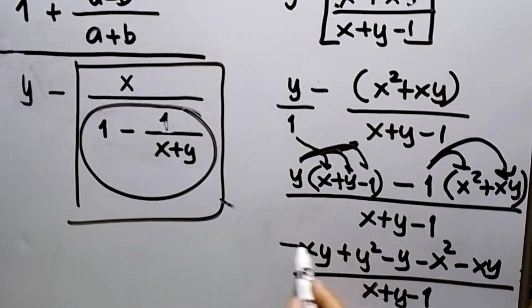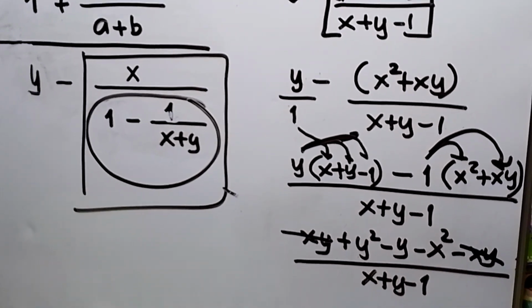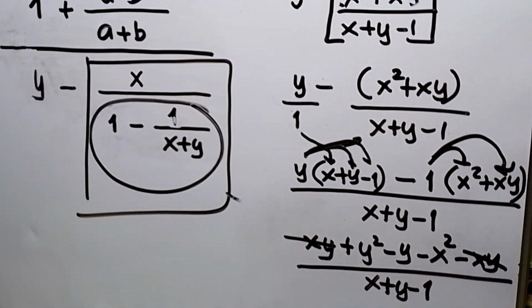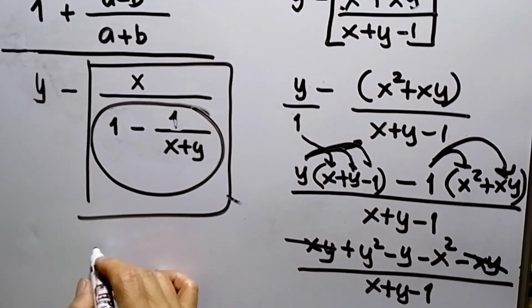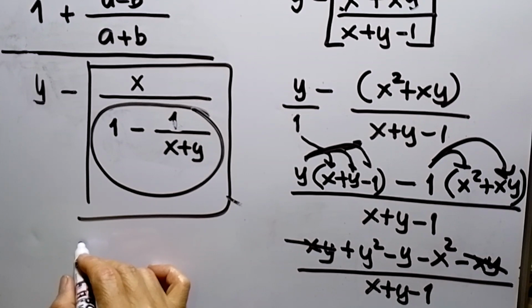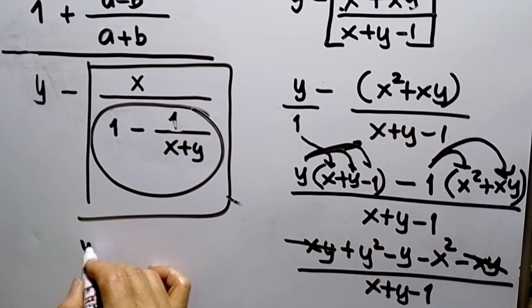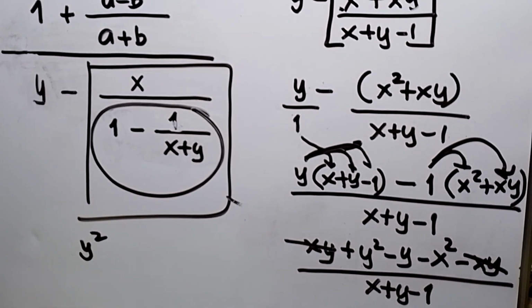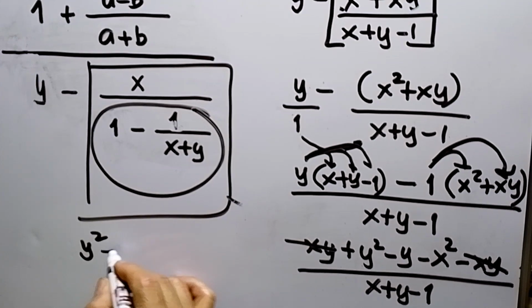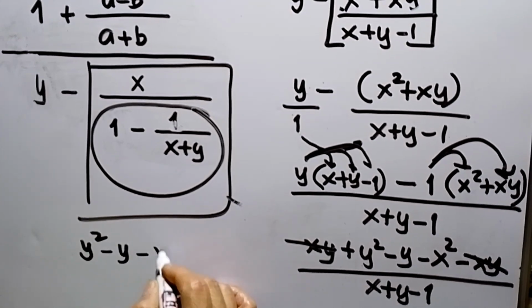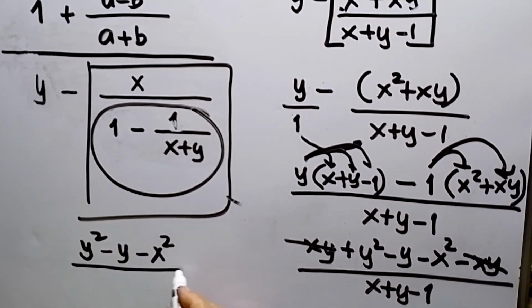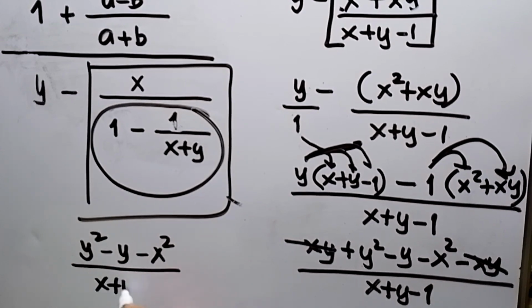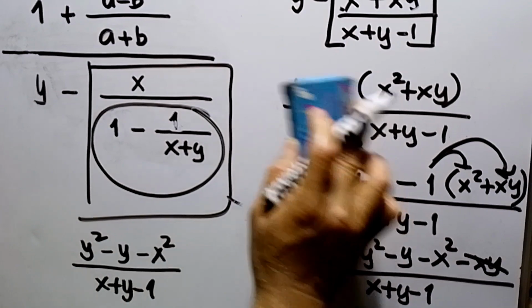So xy cross out. So my denominator will be y squared, then minus y and then minus x squared over x plus y minus 1. Okay? So this is for my denominator.